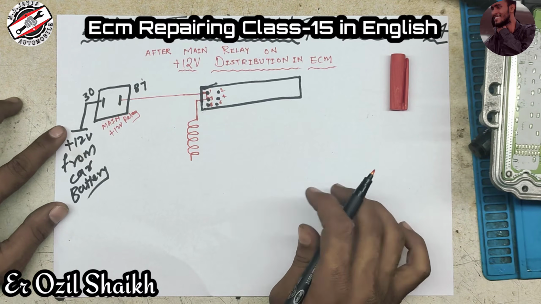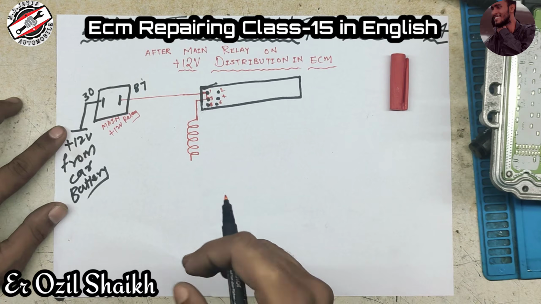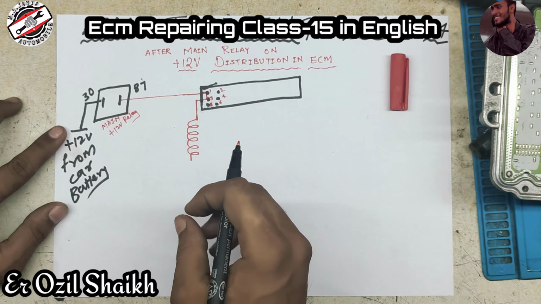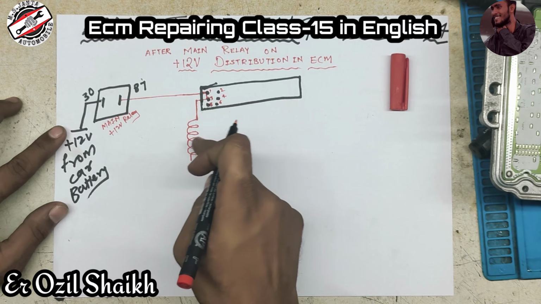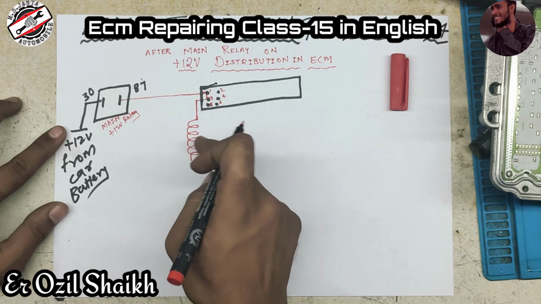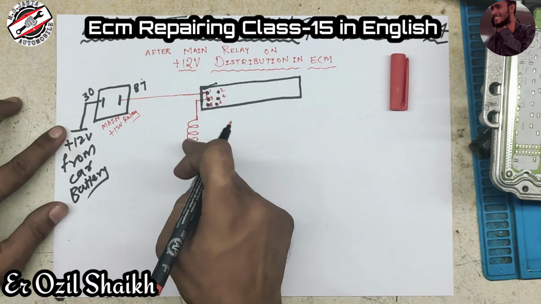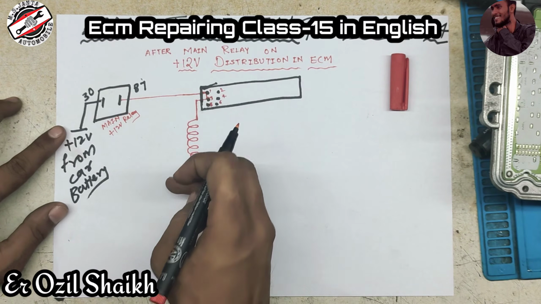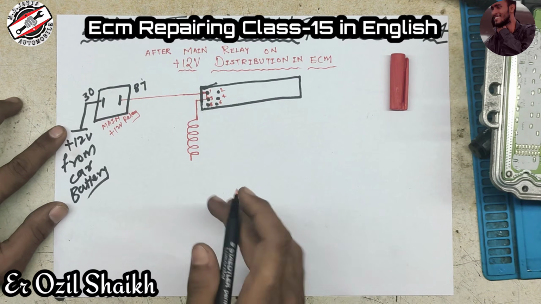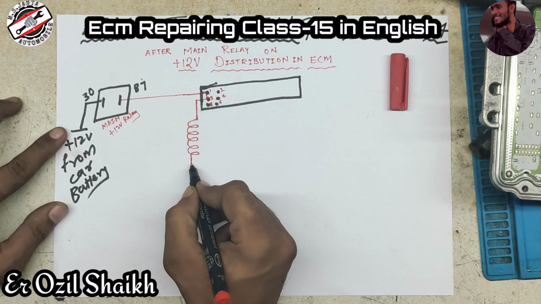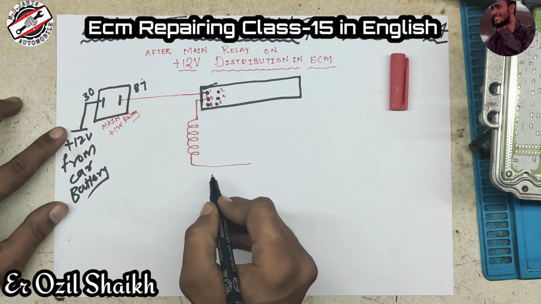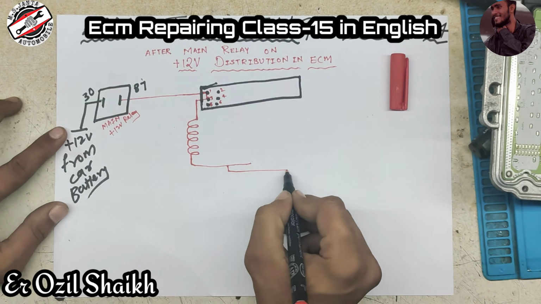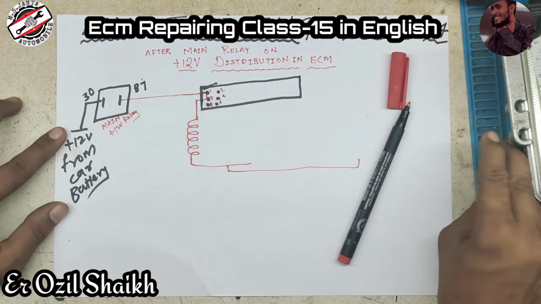inside the board, first our 12 volts goes to a coil. This coil's job is to boost the voltage and stop the fluctuation, to maintain the voltage, and after that it goes to the two capacitors.